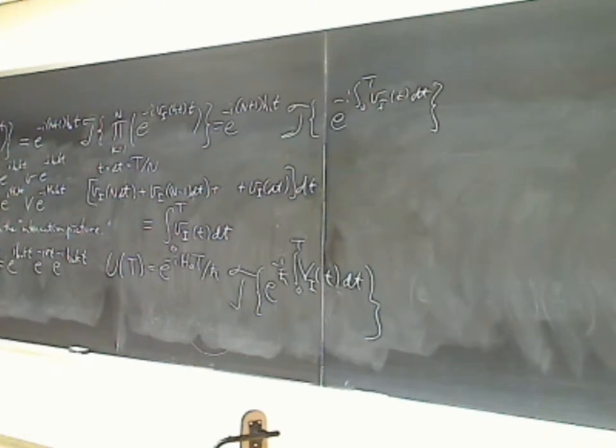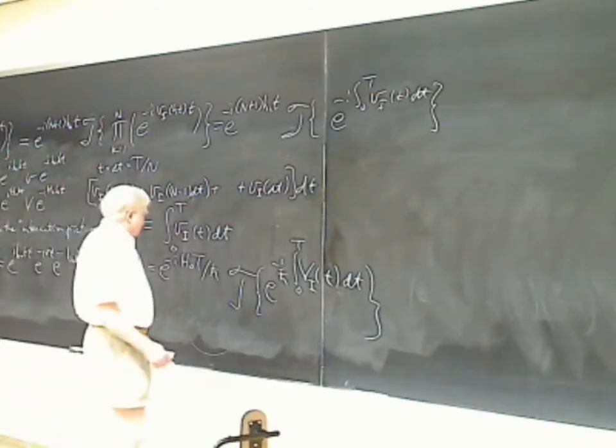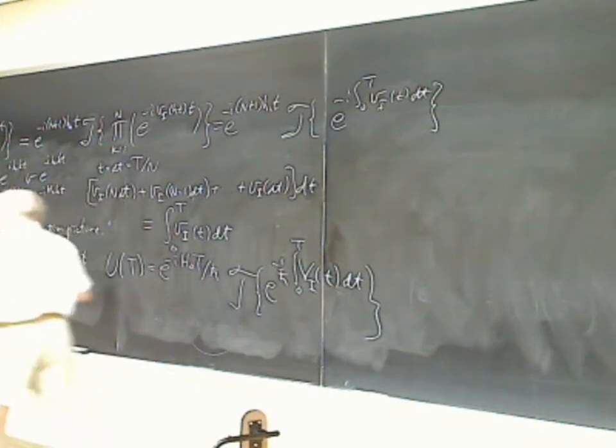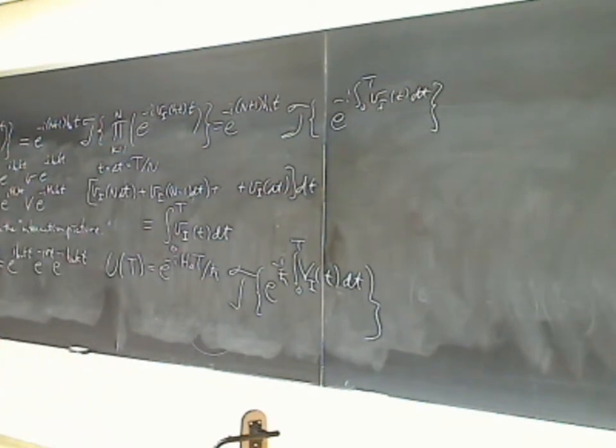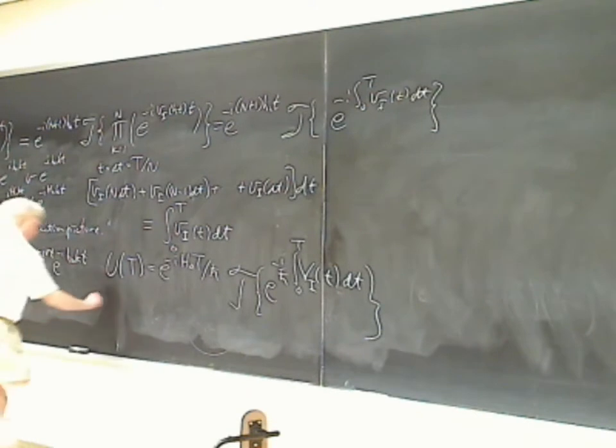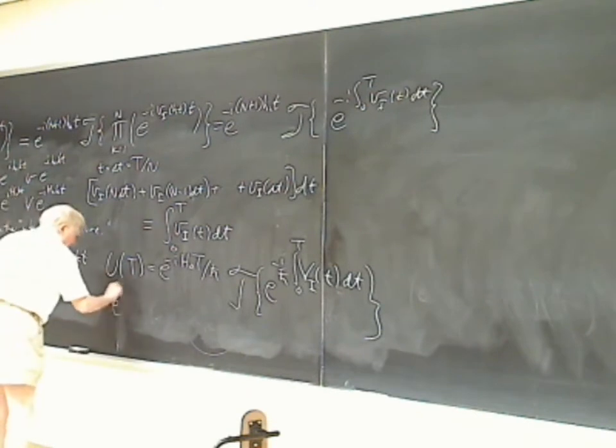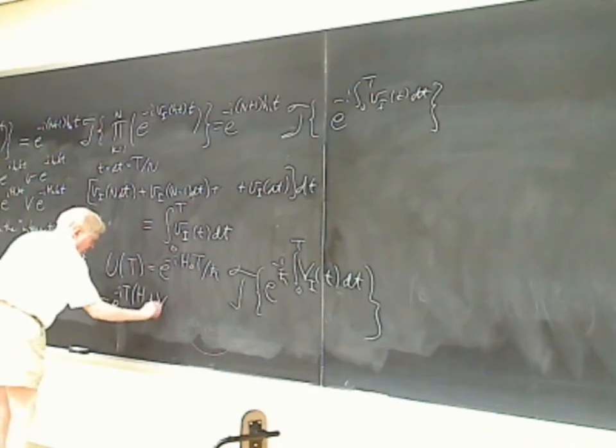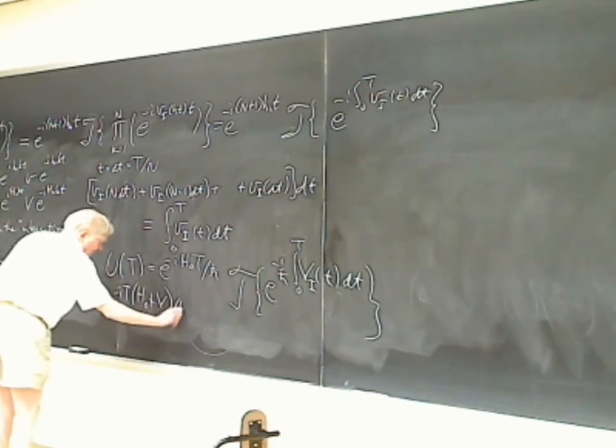So now, what's useful about it? Well, what's useful about it is that the original expression was an exponential. Unfortunately, I never wrote it down. The original expression, I can just write it here, was e to the minus I-t h0 plus v over h bar.